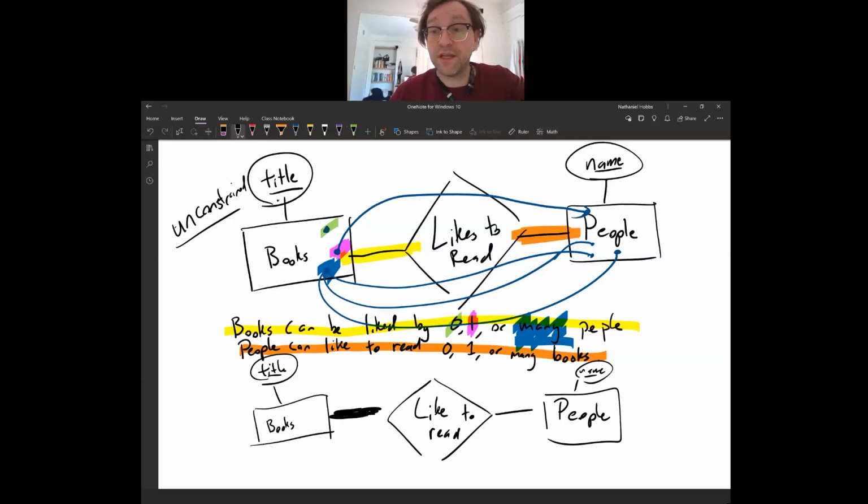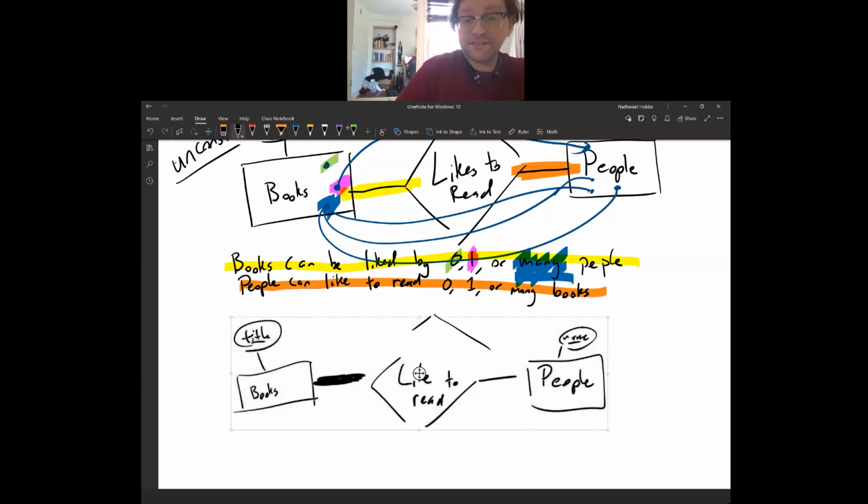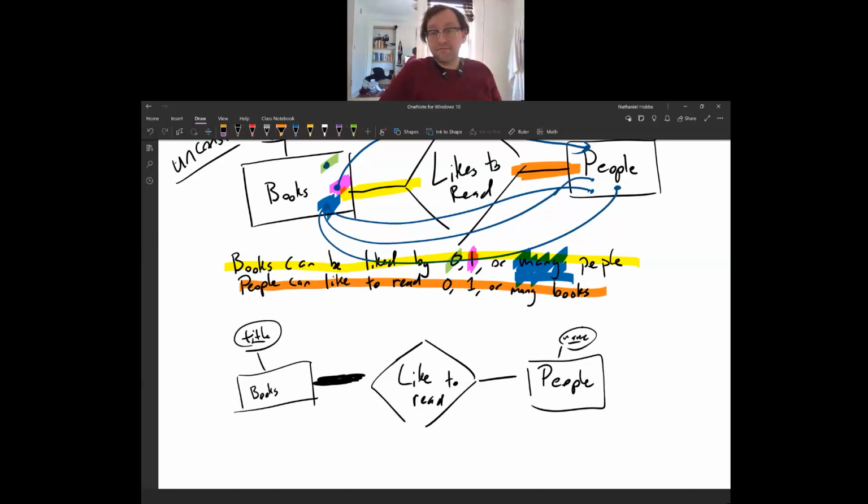So is that many to many? Yes, each of them are many to many. Anybody want to volunteer themselves to just say how this is different? It's the exact same as above, except now I've put a thick line here instead of a thin line.